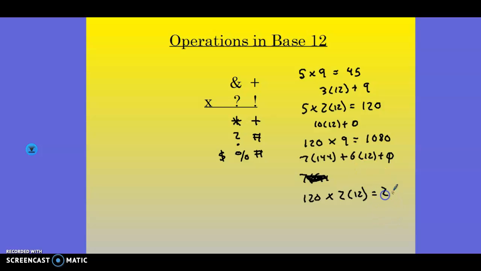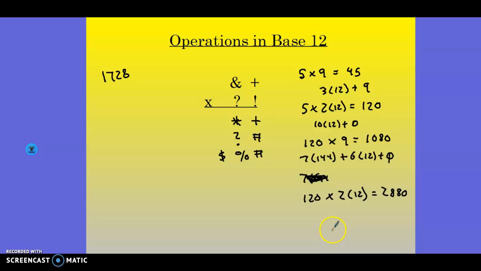You get 2880, which again, that is, and 144 times 12. Remember, anything above 1728 needs a 4th digit. So that needs a 4th digit.